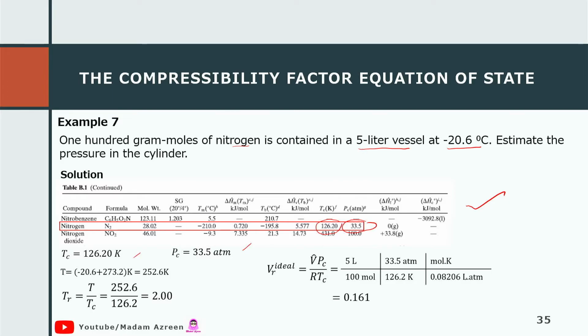And then you have to change your temperature into Kelvin, and change the unit of pressure. Then you can calculate the value of TR. Then you can calculate the value of VR, which is the reduced molar volume. So you have these two values. Okay, you have this and this, so you can look up the chart.